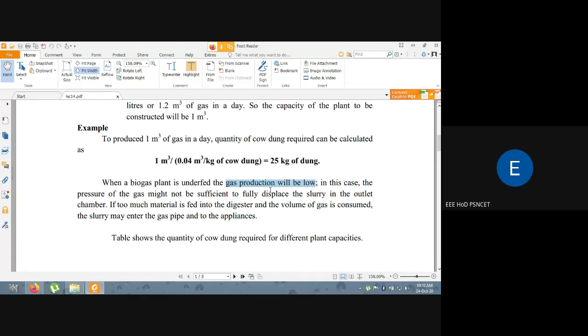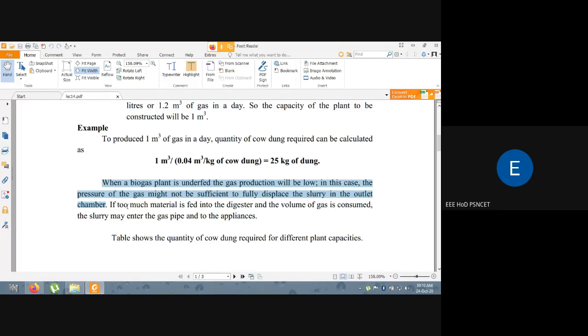In this case, the pressure inside the chamber will not be sufficient. So this is one type of lagging.